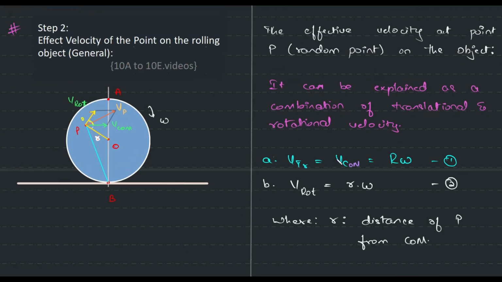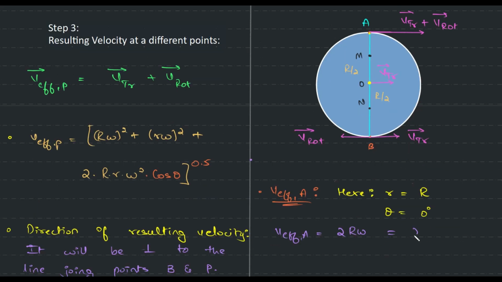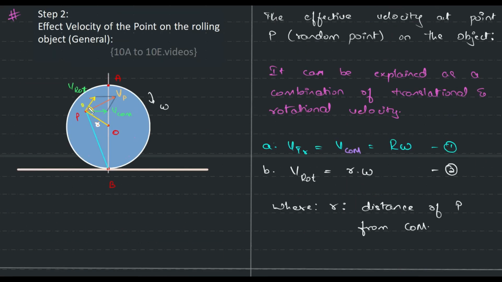So it's equal to the velocity of center of mass. So I can rewrite this as 2 times the velocity of center of mass. Do you guys agree? I didn't do anything fancy over here. I just substituted the values. All you have to understand is why theta is 0 and r is capital R. Why theta is 0 is something you need to know, because both will be pointing to the right.